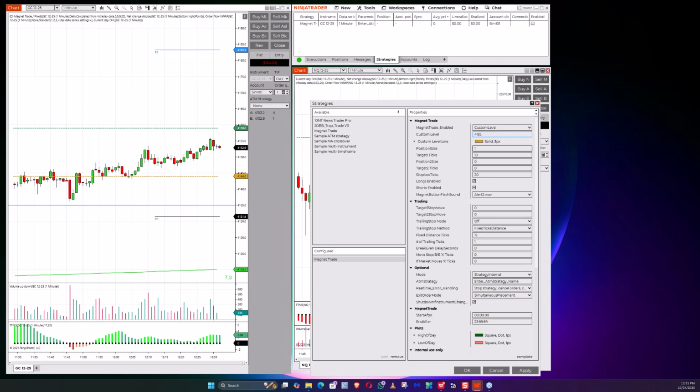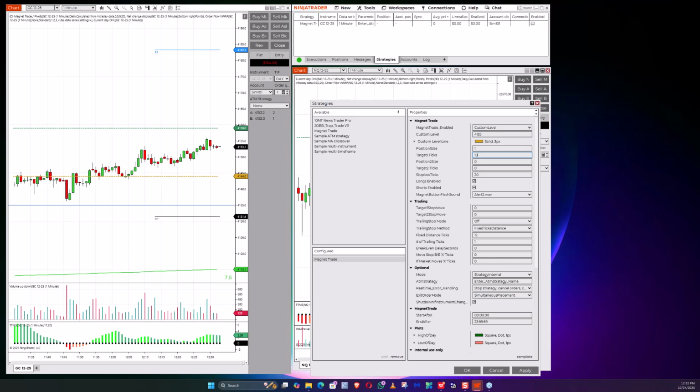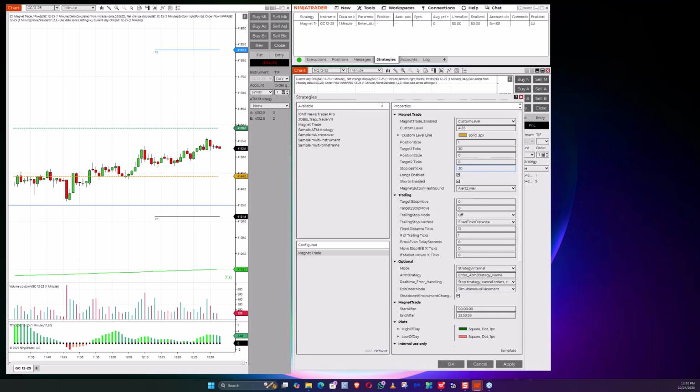I've already got a contract set up. So I've got a one position trade. I'm going to put a target of 30 ticks. We may change that. And I'm going to put a stop of 30. All right, so that's my magnet trade interim setup for the custom level.